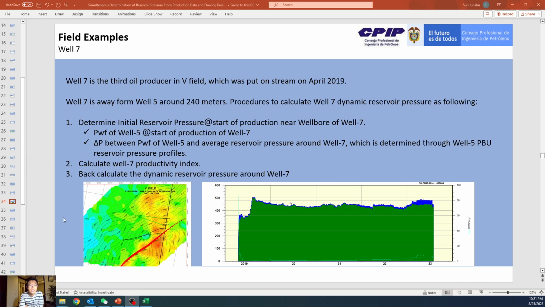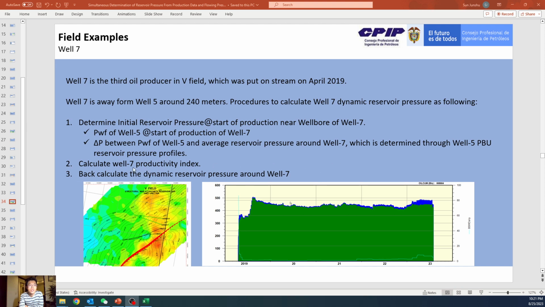We are using the flowing pressure of well 5 at the start of production of well 7, and the delta P between the flowing pressure of well 5 and the average reservoir pressure around well 7, which is determined through well 5 pressure build-up reservoir pressure profiles.